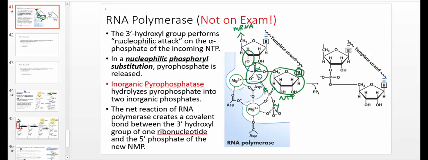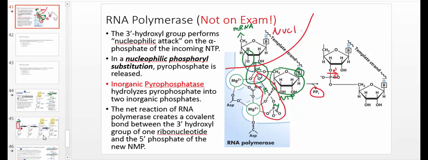And of course, what ends up happening is all this business over here, this is pyrophosphate. This is the pyrophosphate right here that leaves. And so what you get is essentially the 3' hydroxyl group here is now attached to the 5' phosphate of the next nucleotide that we added. You'll notice that for this to happen, for you to get nucleophilic attack on the alpha phosphate of the incoming nucleotide triphosphate, there already has to be a pre-existing nucleotide up here.